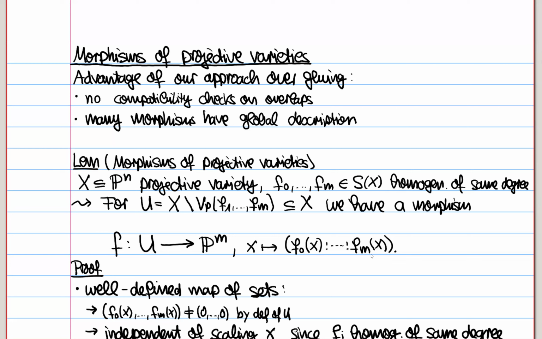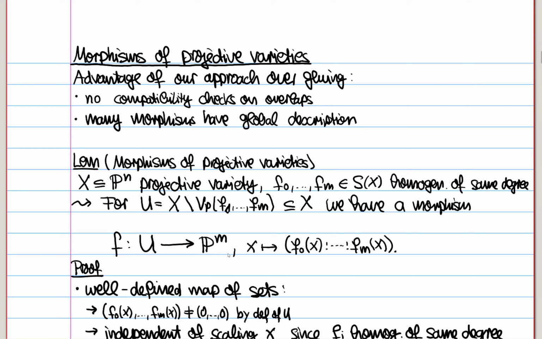And this works. It turns out this gives a morphism. And exactly the locus where it gives a morphism is the complement of the common vanishing locus of F0 up to Fm. So somehow once these are not all zero, then you get a well-defined element like this.